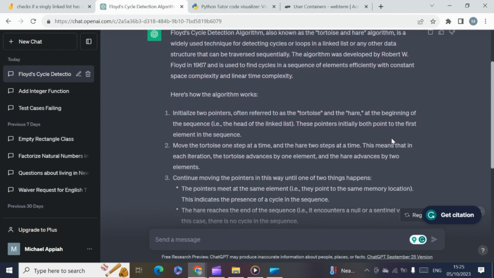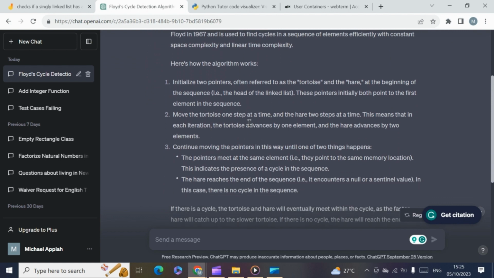So let's try to understand how the algorithm works. The algorithm says that first we should initialize two pointers, often referred to as the tortoise and the hare, at the beginning of the sequence, that is, the head of the linked list.